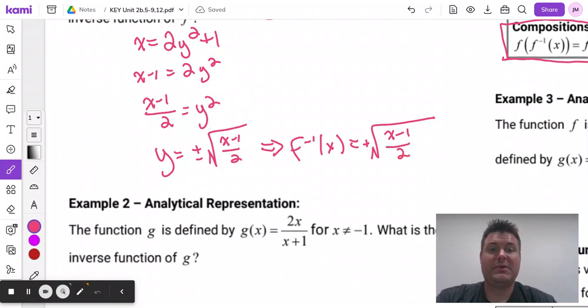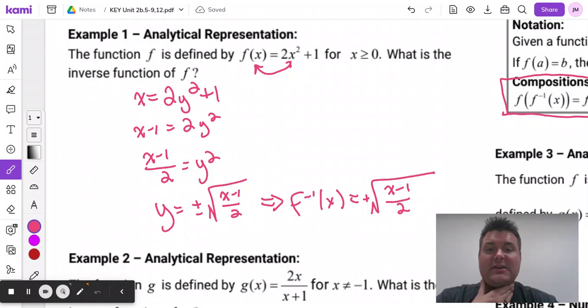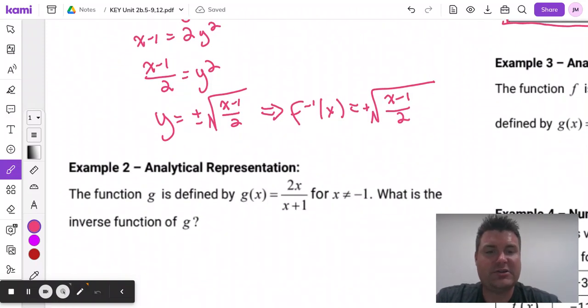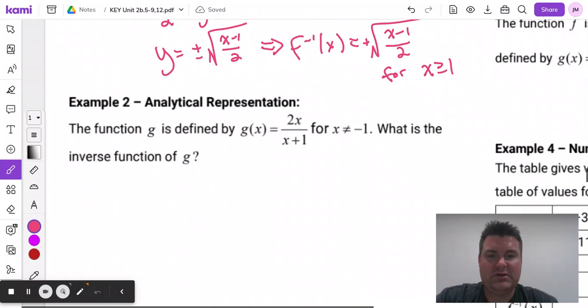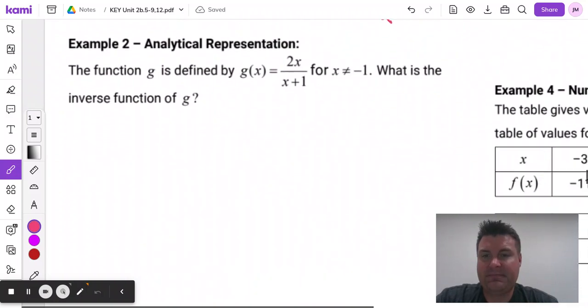Because of this restriction of x being greater than or equal to 0, this does work. Also, please take note that x has to be larger than or equal to 1 for this to work. Otherwise, the domain is limited. It's nice to put those restrictions when you do inverses, just so we can get a clear picture of what's going on.